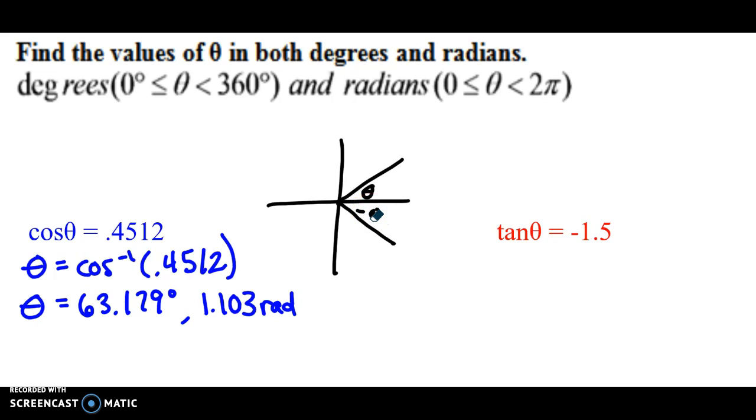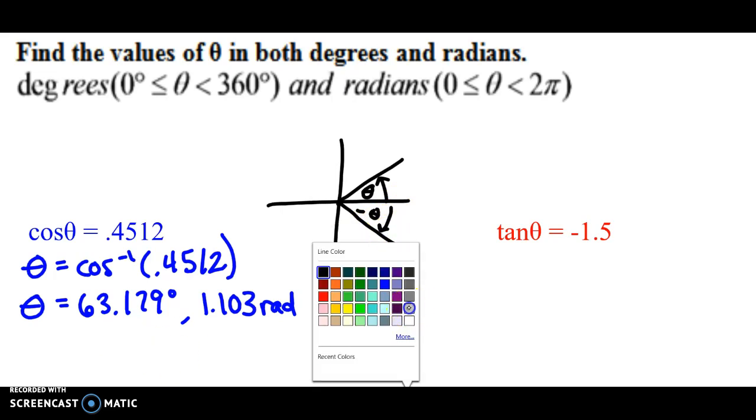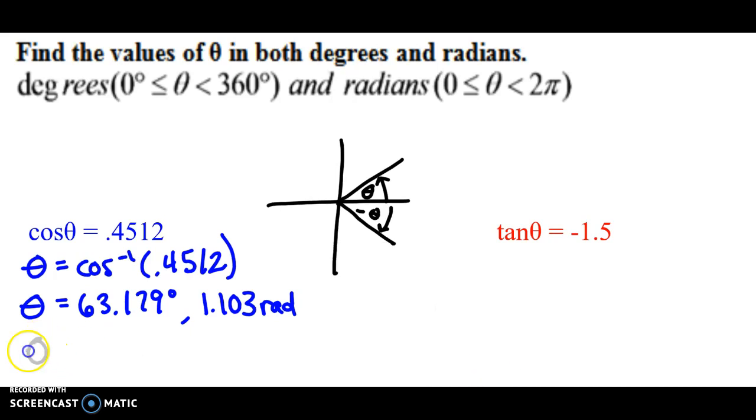So what about this other angle? Let me draw these arrows here. What would this be in degrees and radians? Well, this could be negative 63.179 degrees. Perhaps I should write this down. I'm going to do it in gray just so we know that it's not our final answer. I could say that this is negative 63 degrees or negative 1.103 radians.